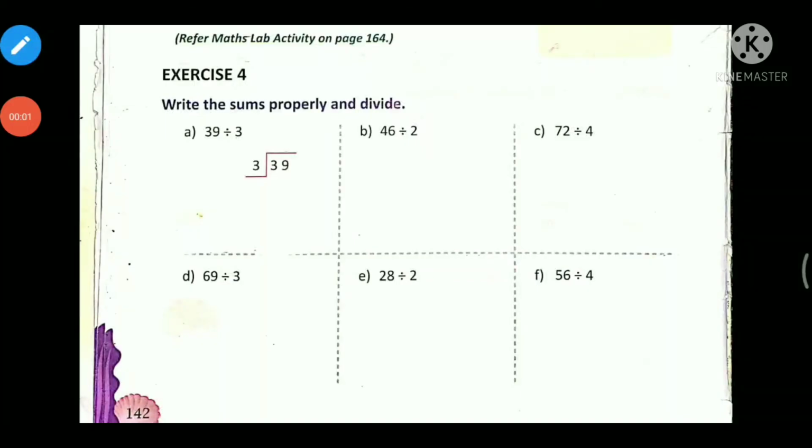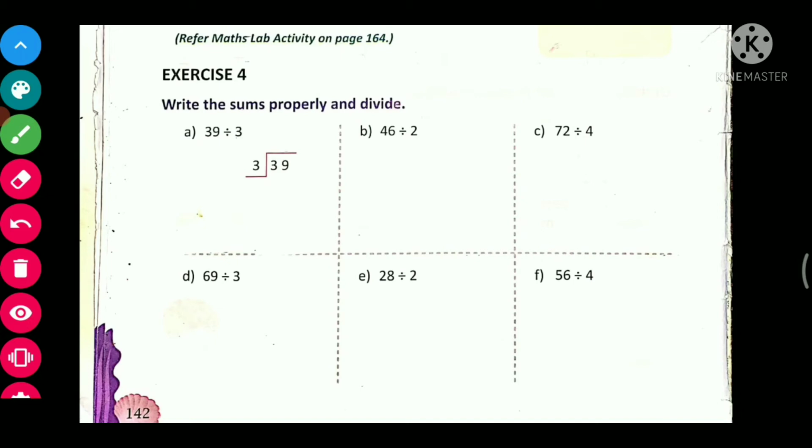Now my dear students, see exercise 4, page number 142. See the first one: 39 divided by 3. Here the divisor is 3 and the dividend is 39.